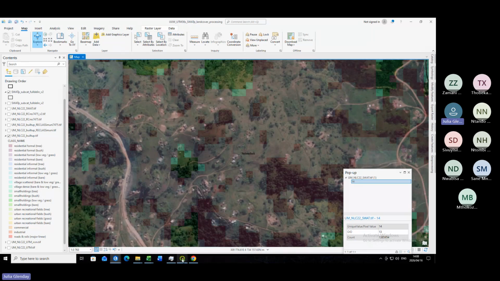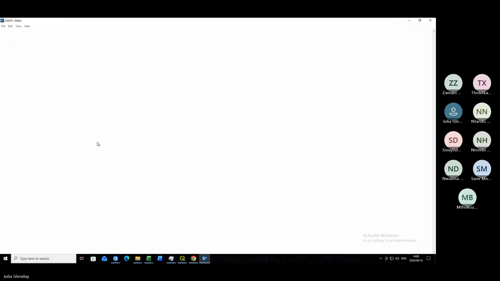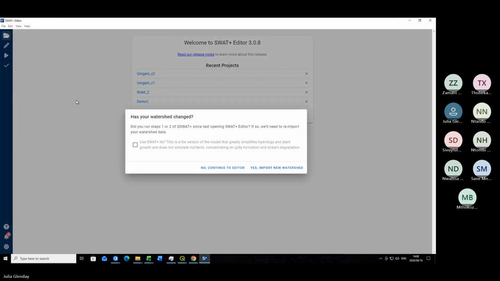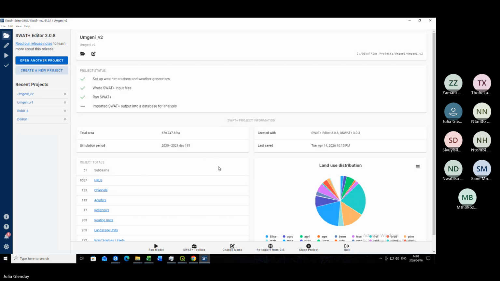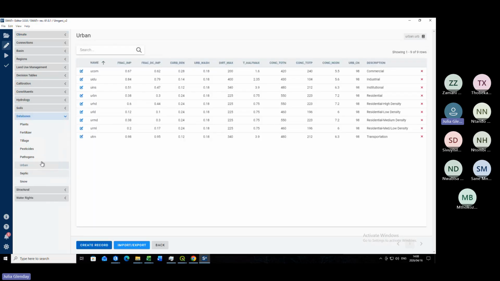And let me open the SWAT editor for a moment. Model. Let's see, I think the database is urban. Here we go.